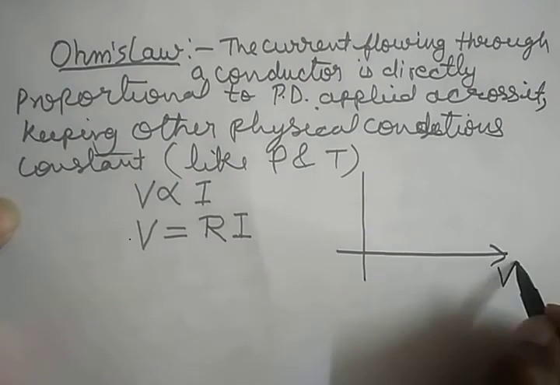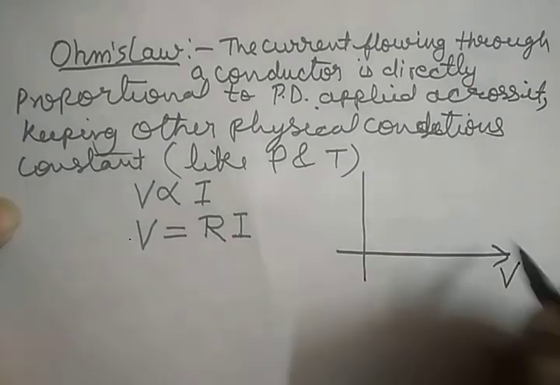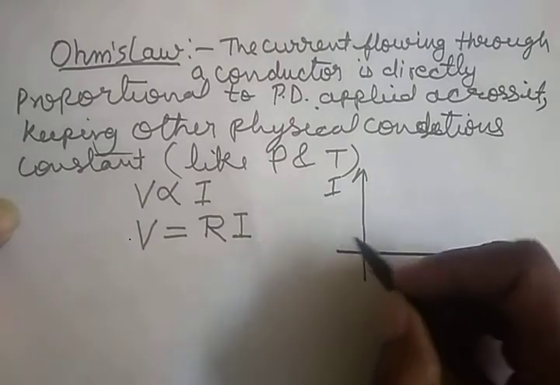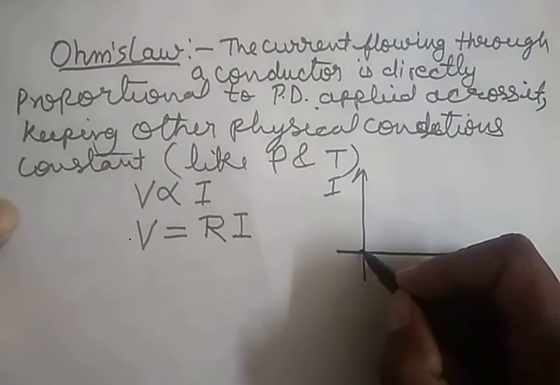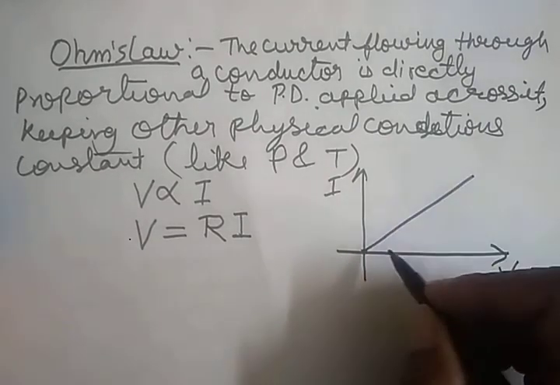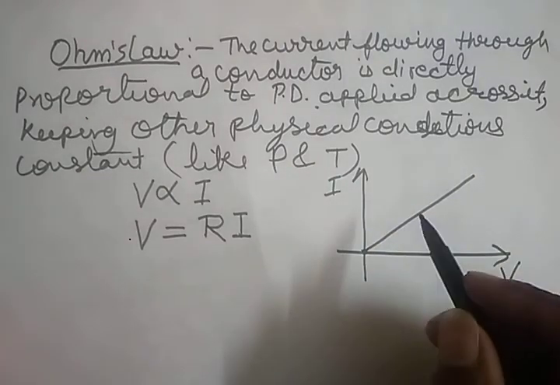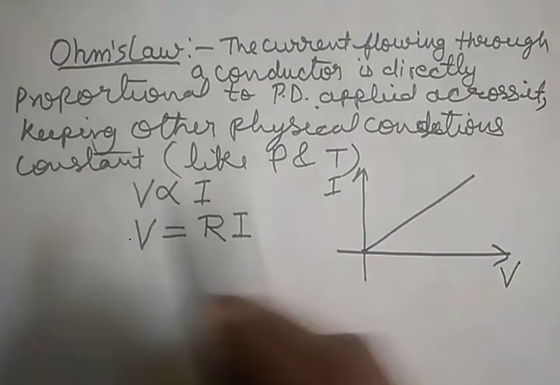So if we plot V along the x-axis, I along the y-axis, the Ohm's law graph has a property: it starts from the origin and has a slant nature, constant slope. Its slope does not change. This is what Ohm's law signifies.